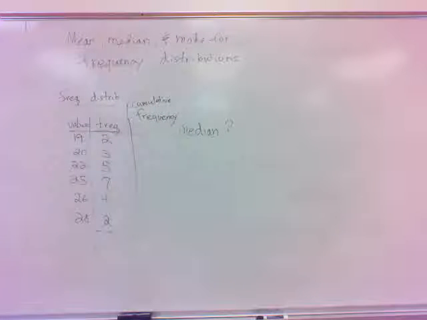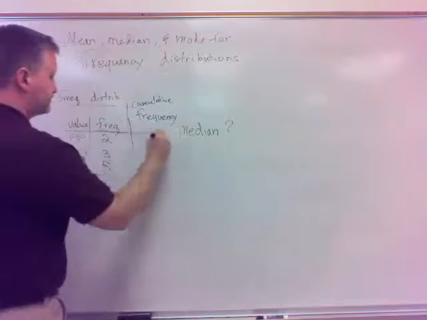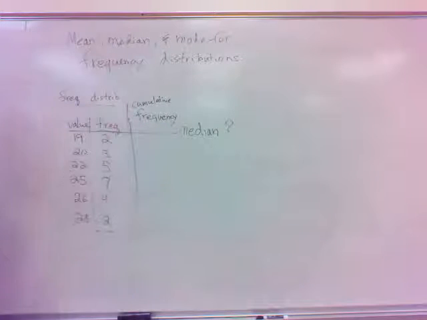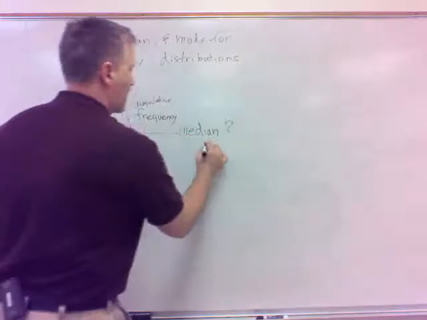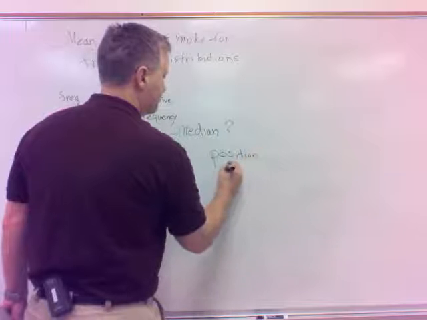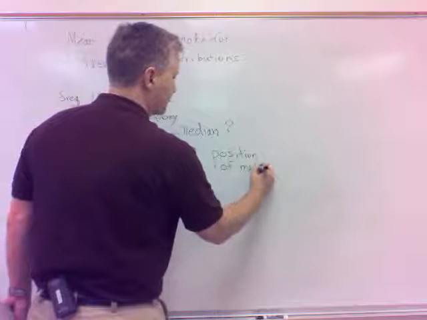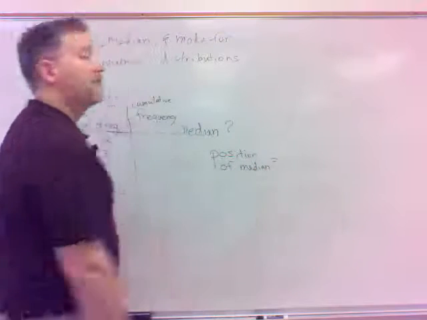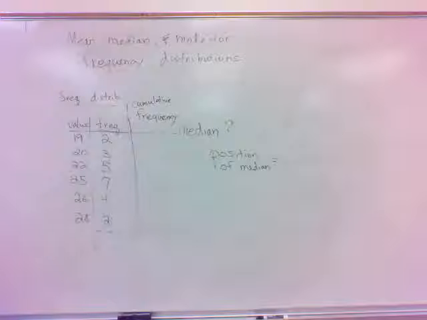We are going to do the position formula. So yeah, we do need the position of the median first. We can do that first. That'll tell me where it is. And it's n plus 1 divided by 2.